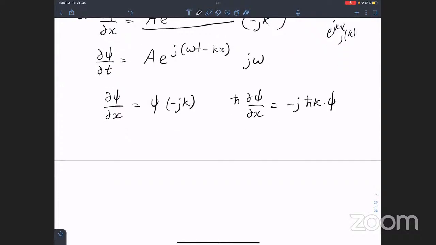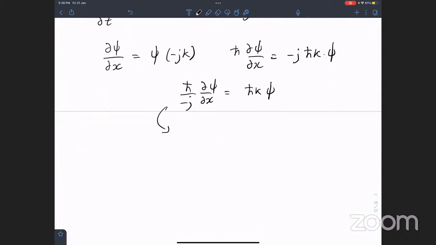Or h bar by minus j d by dx of psi is equal to h bar k into psi.